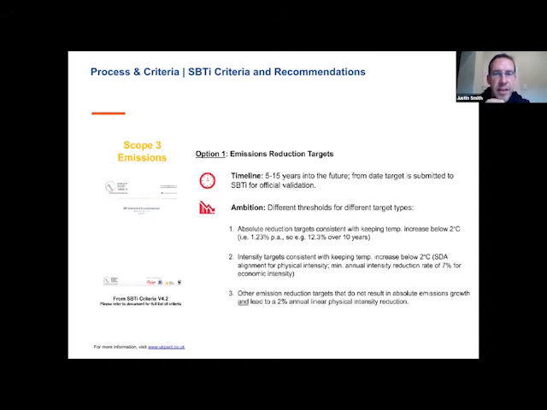So in terms of the emission reduction targets, we obviously do want to see the kind of level of ambition around the thresholds that are being put in place.